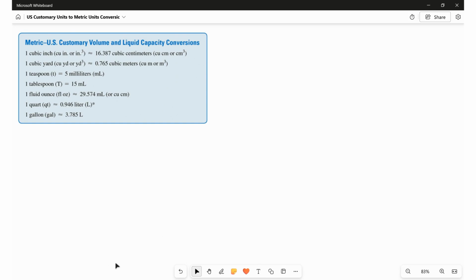Now let's look at some volume conversions, and let's look at this in a more practical manner. Let's look at a health application, which comes from healthcare. Suppose we have a patient who gets 30 milliliters of a medication twice per day.